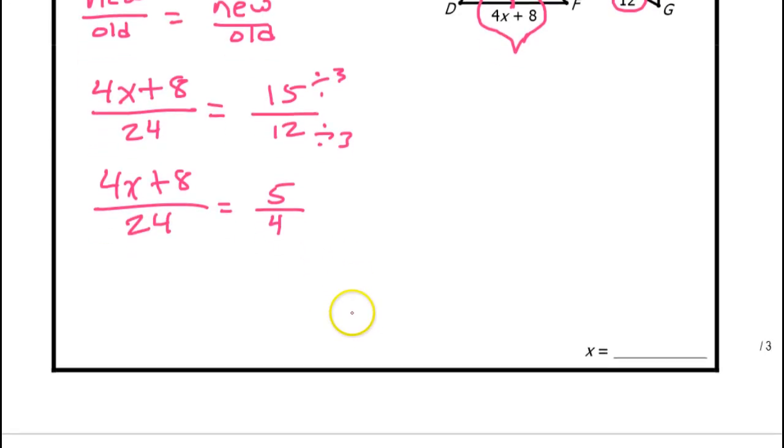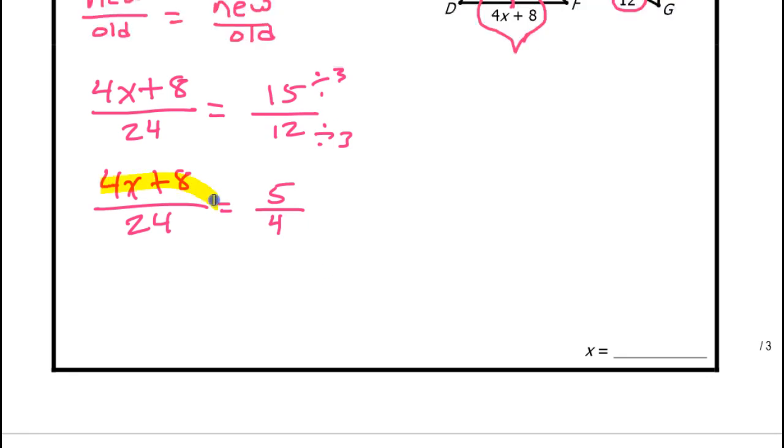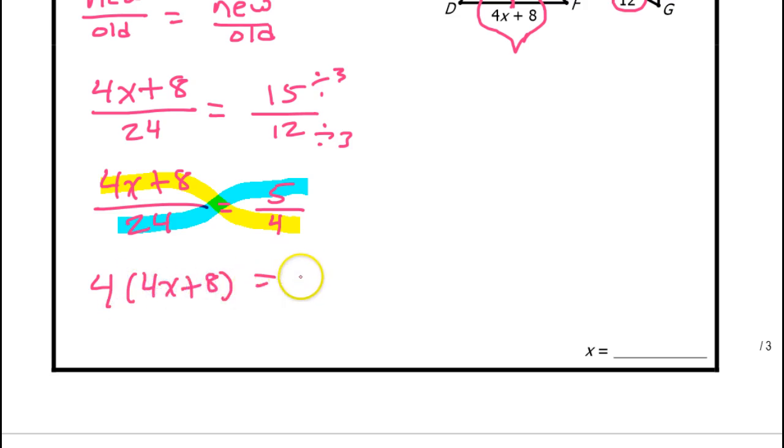Now we will cross multiply, which means we take this diagonal and multiply those together and set it equal to this diagonal multiplied together. In other words, I'm going to do 4 times 4x plus 8 is equal to 5 times 24.